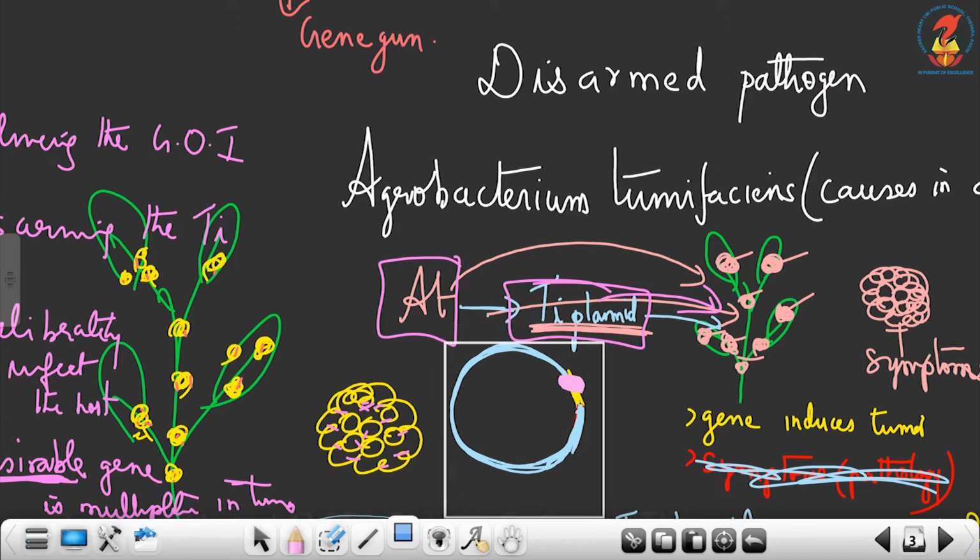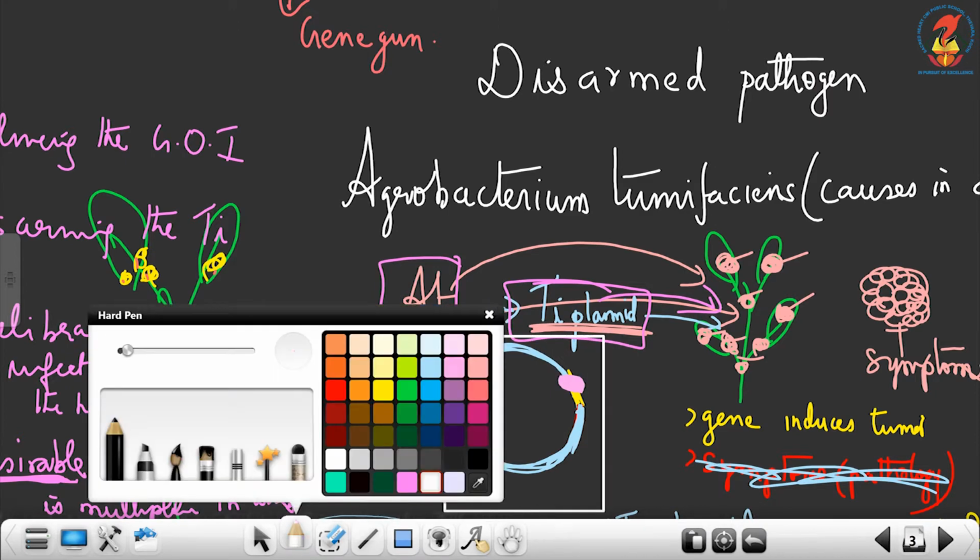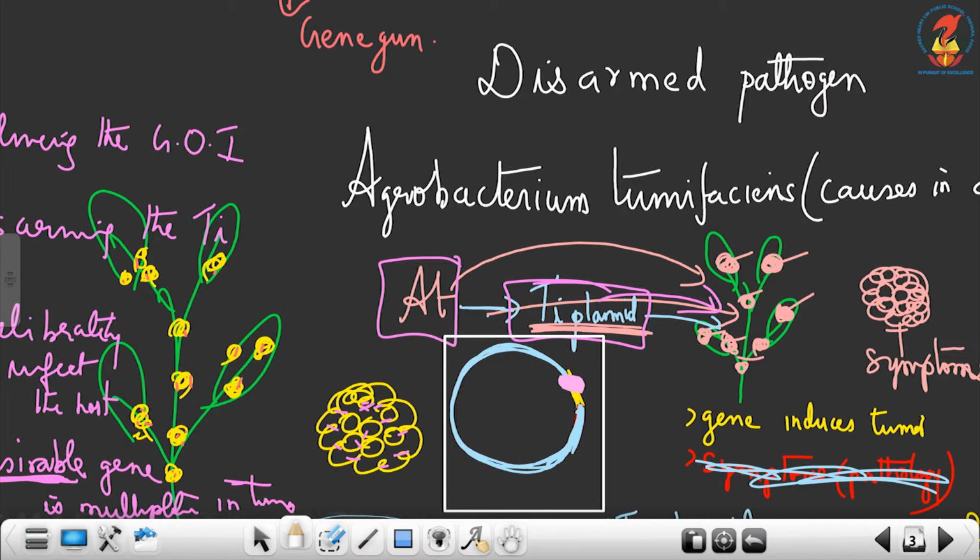Now what I got is an rDNA. In what context is it an rDNA? We got the gene of interest ligated. So the gene of interest with the host DNA is called rDNA, and not only that, the tumor inducing gene is maintained. So the advantage is that in the tumors our gene of interest also gets multiplied. And lastly, what I am doing, I am incorporating it back into its host.